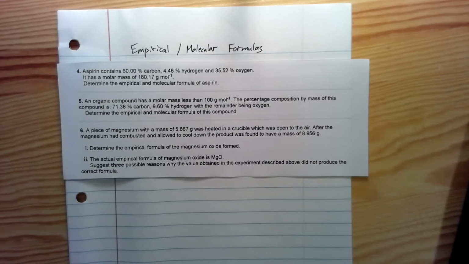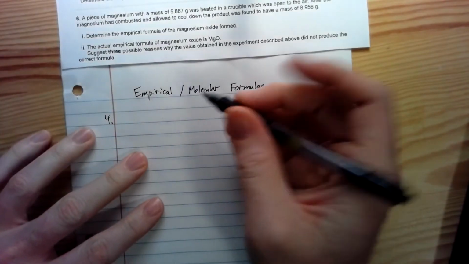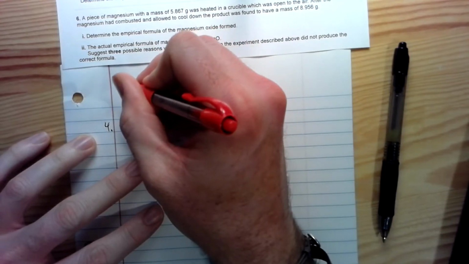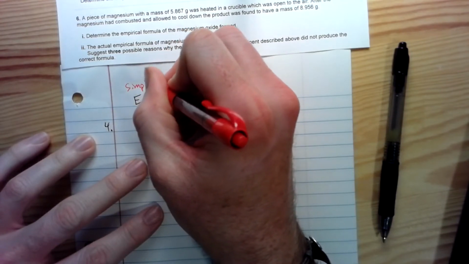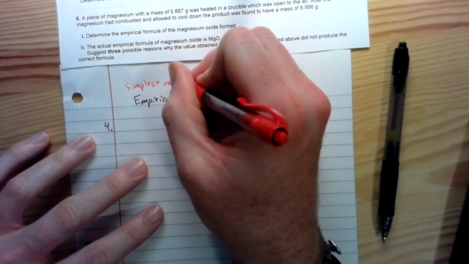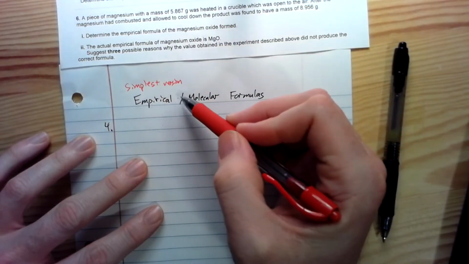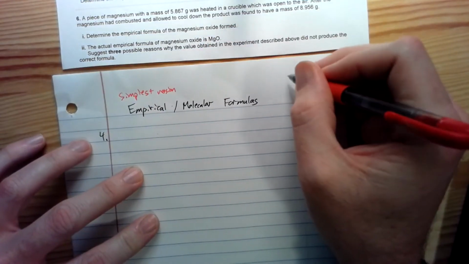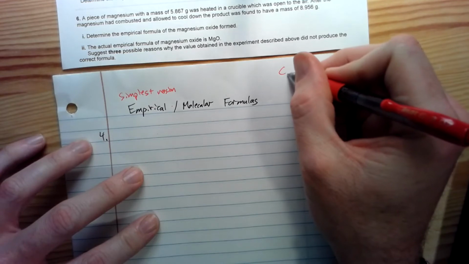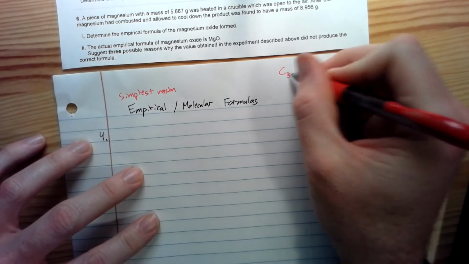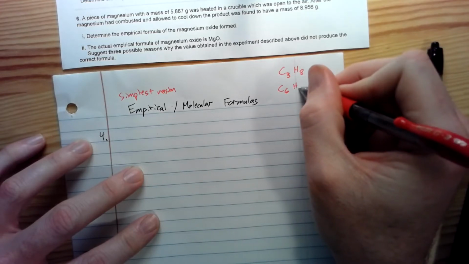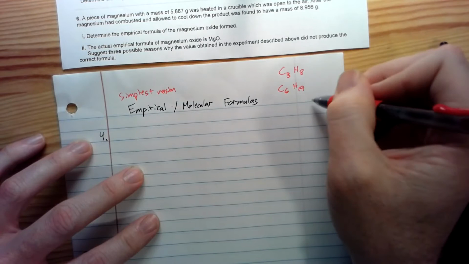So now we need to go back over empirical and molecular formulas as well. Remember that the empirical formula is going to be the most boiled down version, the simplest version of a molecule. Now, many different molecules can share the same empirical formula. So examples would be if we had C3H8, and then we had C6H16.